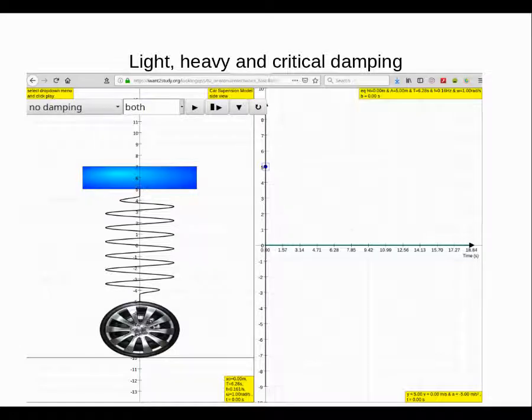You wouldn't want the car to be bouncing around the whole time. I'm going to show you a simulation of this on a website called iwanttostudy.org, and it's got a large number of Java animations. So I need to just find that for you.